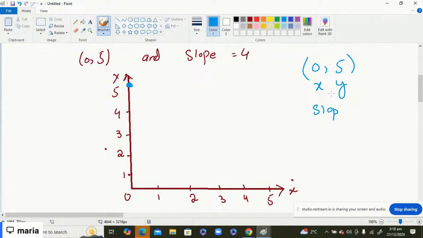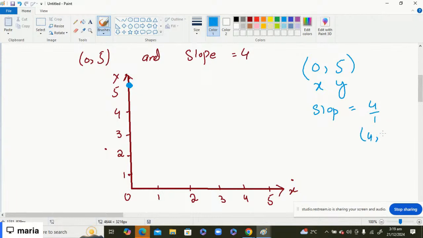Here the point given is (0, 5) and the slope given is 4. We put the point here. The slope of 4 means 4 over 1, change in y over change in x.